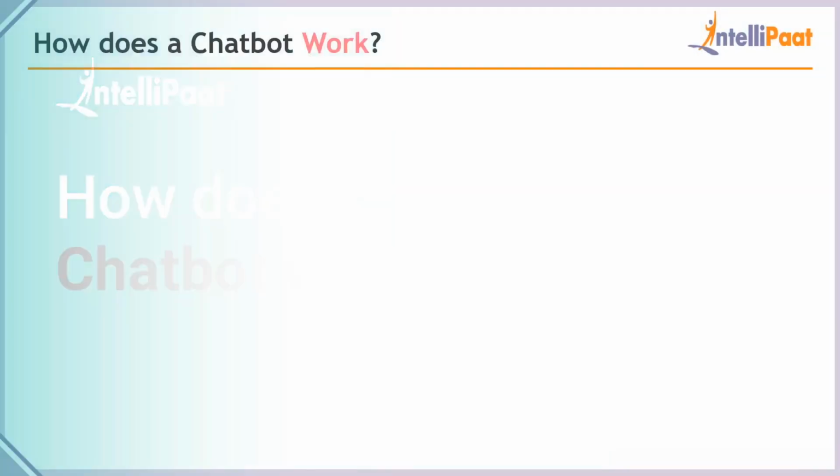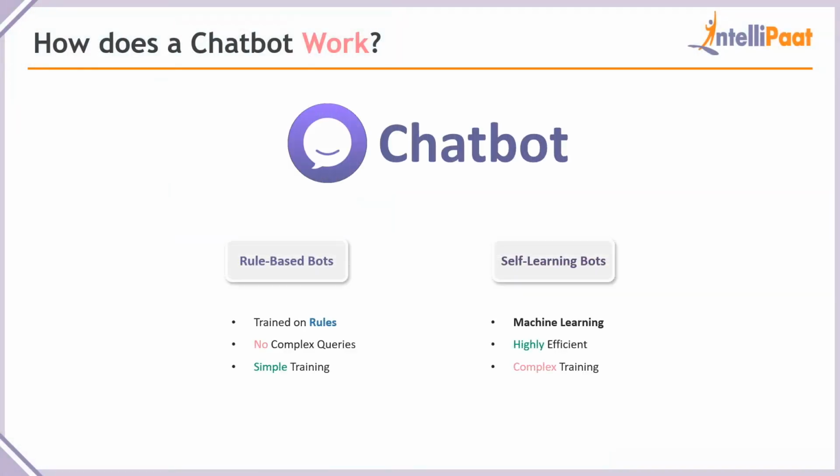Going to the answer of how does a chatbot actually work? Well, there are two types of chatbots when you think about it. One is called rule-based bots and the other one is called self-learning bots. When you talk about rule-based bots, as the name suggests, there are some rules on which these bots will work. You ask a simple question such as where is my order?